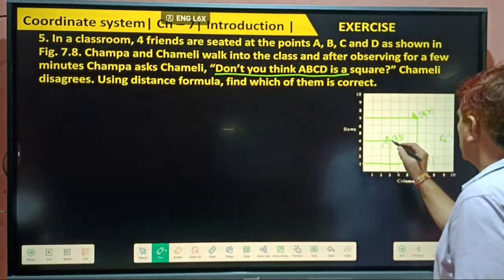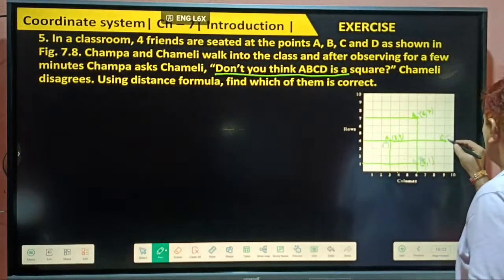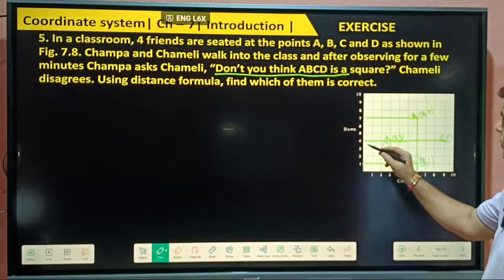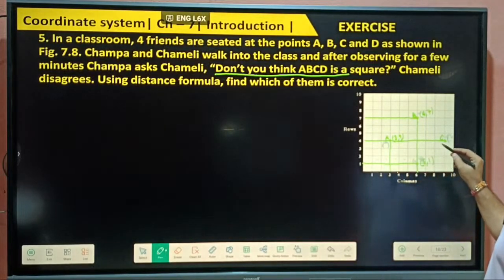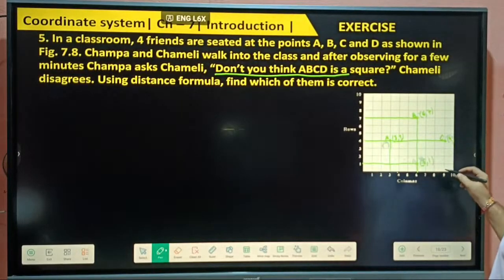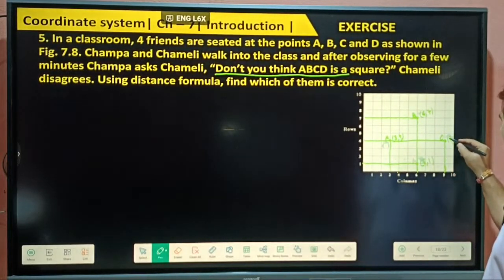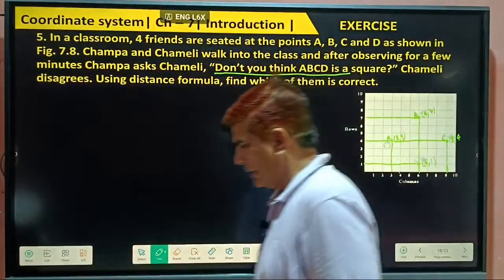C. So first we find its coordinates. The x-coordinate: 1, 2, 3, 4, 5, 6, 7, 8, 9. So it comes to 9. And for y: 1, 2, 3, 4. So 9 and 4 are the coordinates of this point.